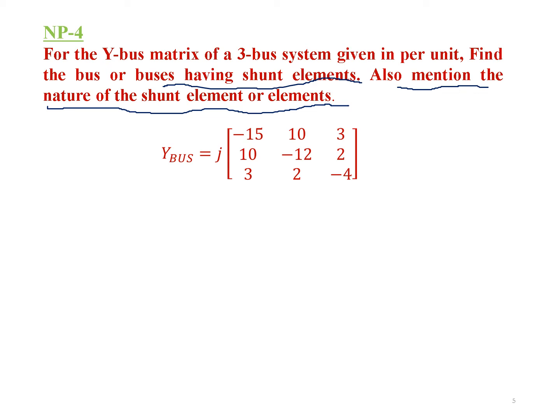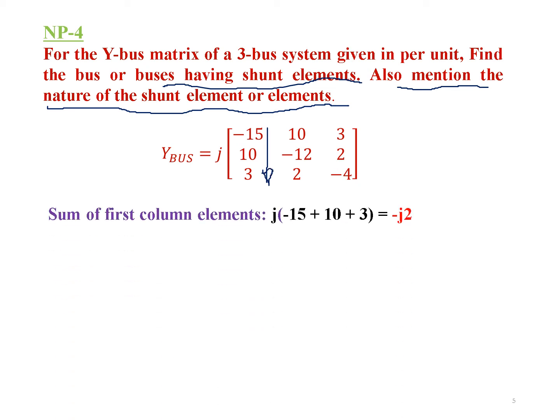So first, for finding which buses have shunt elements, in the previous problem we found the sum row wise. Now in this problem we have to find the sum column wise. So the sum of the first column elements is equal to minus J2.